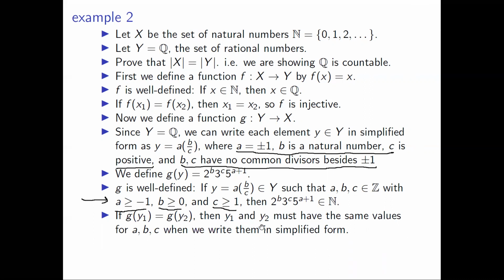And if y1 and y2 have the same values for a, b, and c when we write them in simplified form, we can go back to the definition of those. Those are defined by whatever y is. Whatever y is, when we write it in simplest form, a, b, and c are determined by whatever that simplest form is. So b is determined by the absolute value of the numerator, c is determined by the absolute value of the denominator, and a is determined by the sign.